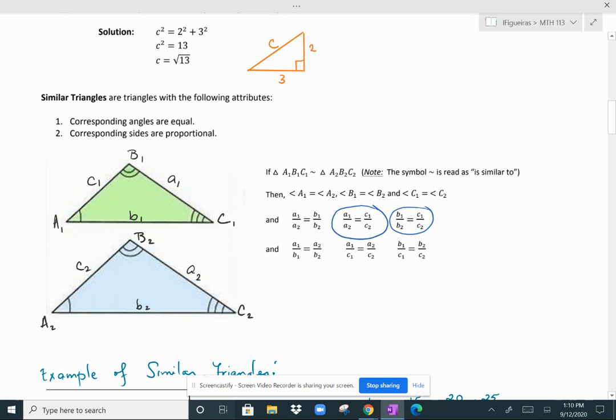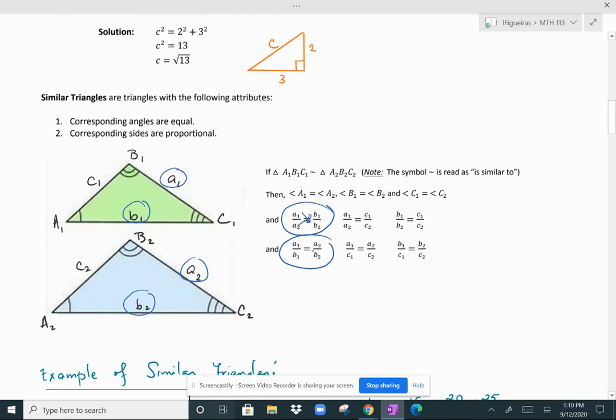Okay, but you can also look at it from the perspective of the same triangle. So, for example, here, this proportion, a sub 1 is to b sub 1 as a sub 2 is to b sub 2. So either way, whether you're looking at it from this perspective or the one below, if you cross multiply your proportion, you would still get the same result.